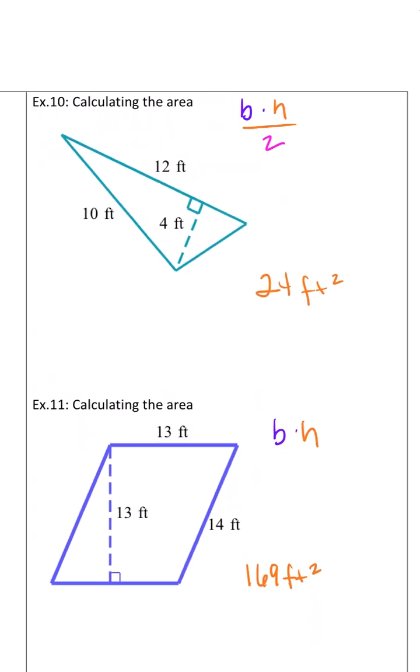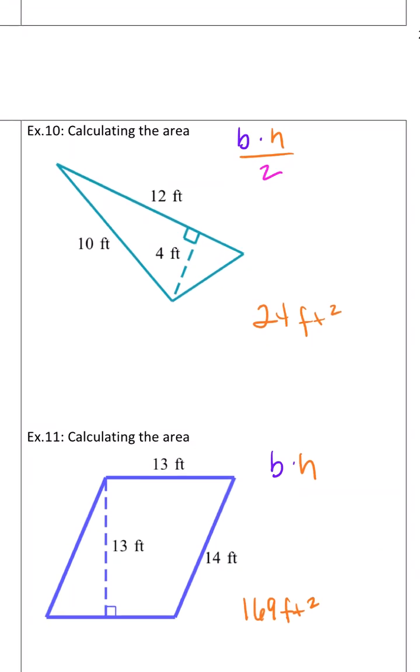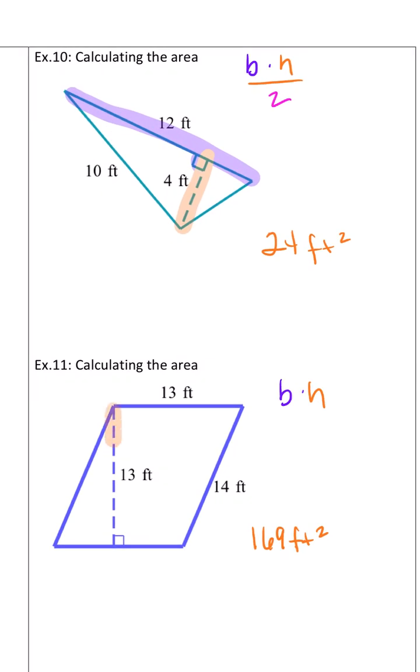This one, these two are just simple. We're just finding the areas, using the formula for the area. The hardest part of this is remembering what part is the base. And the base is always going to be, see that right there? That's the part that tells you your base and your height. So this is the base, and this is our height. On this parallelogram, again, this is the height, and this is the base.